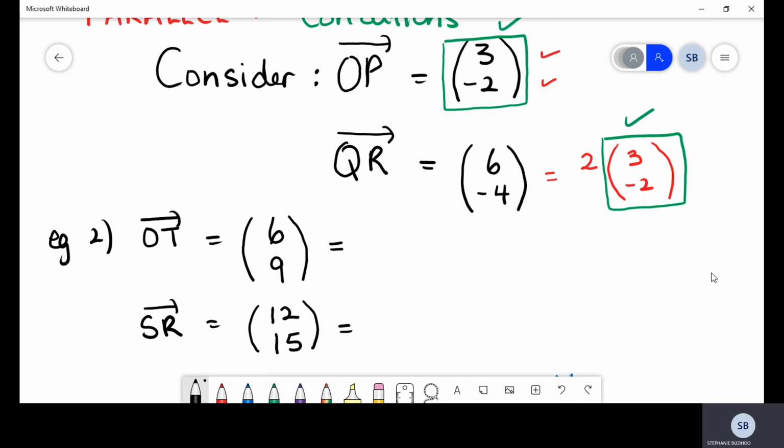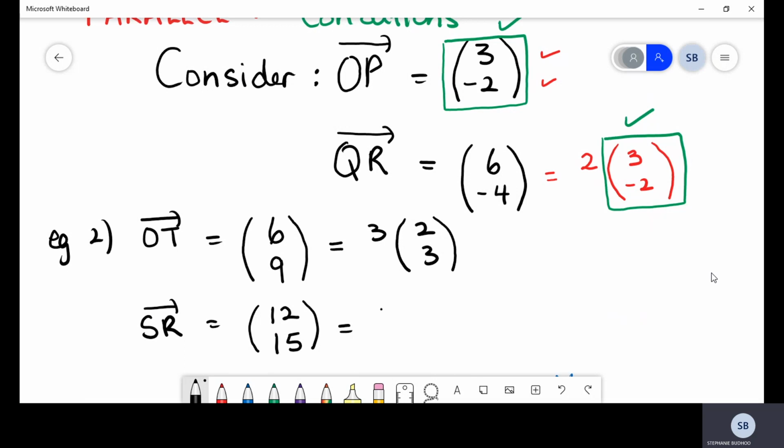So the first common factor I'll pull out from the vector OT is 3. And I'll end up getting 2 and 3 remaining within bracket. And 2 and 3 can't be simplified any further. There are no common factors. So I'll move on to my vector SR. So let me try to pull out a common factor between 12 and 15.